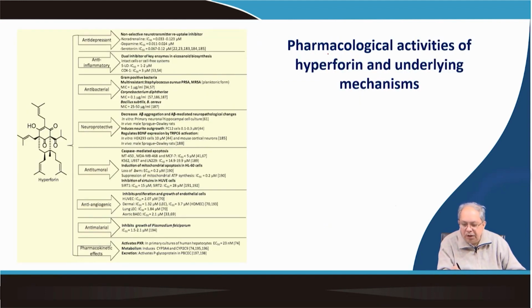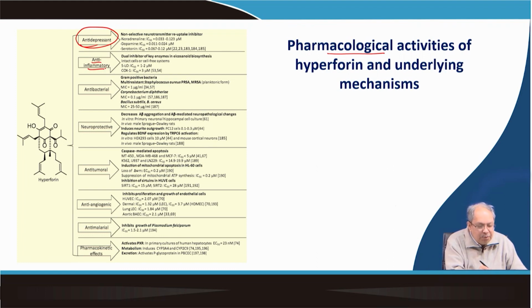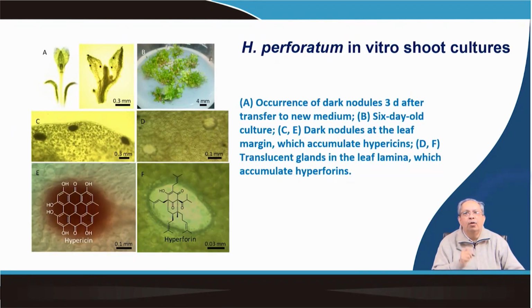Now, the pharmacological activity: one most important point is antidepressant, that is why the molecule is so important, but apart from that it has anti-inflammatory, antibacterial, neuroprotective, antitumoral, antimalarial and so many activities. We are not going to discuss these things, only to tell you how important this molecule is.